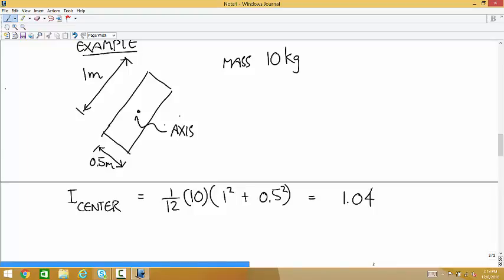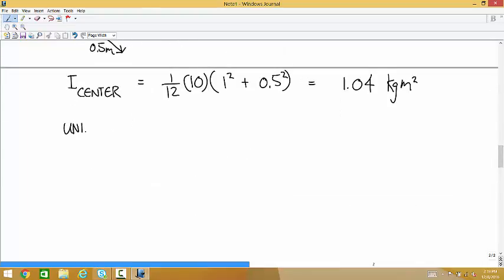And what are the units? Kilogram meter squared. Yep, good. So kilogram meter squared. You can see that from the formula. You have meters squared for the length, for these lengths squared, multiplied by kilograms.